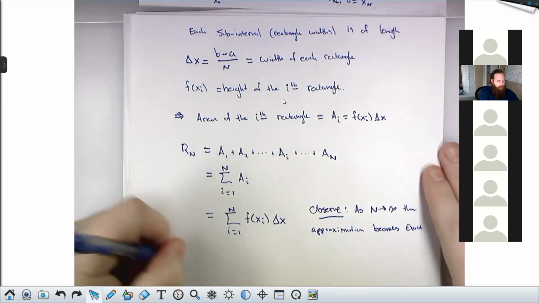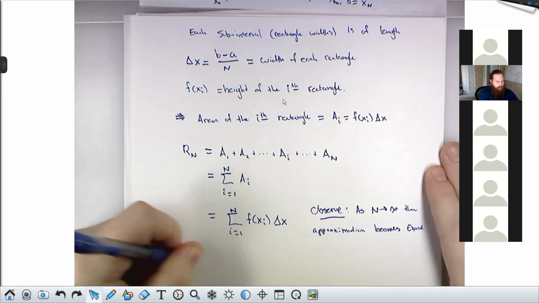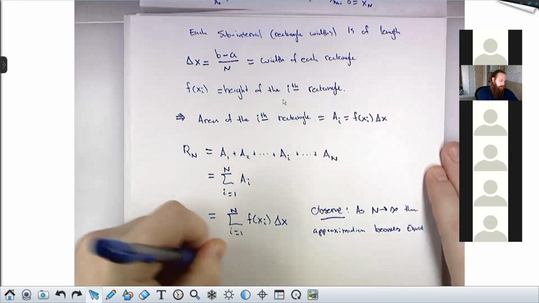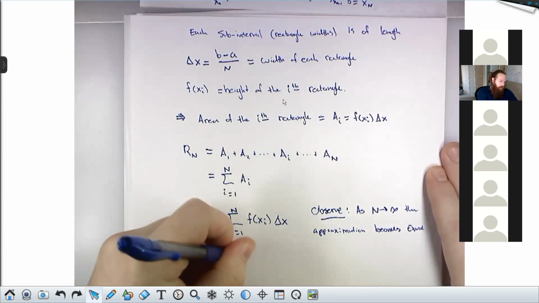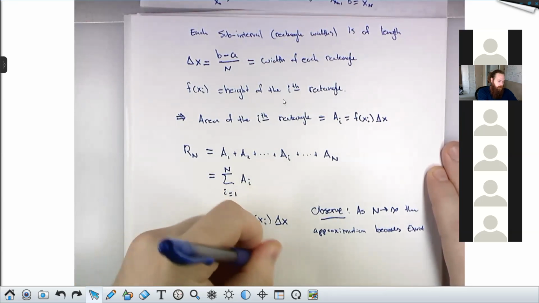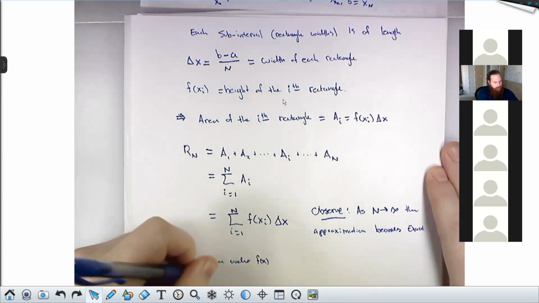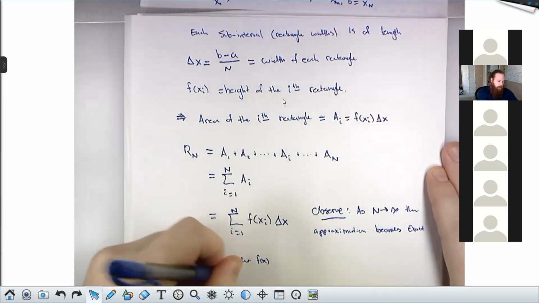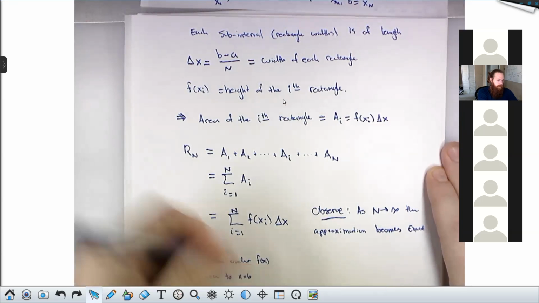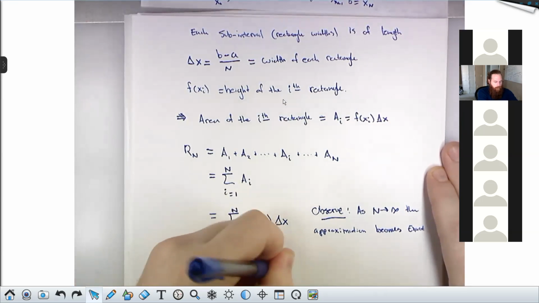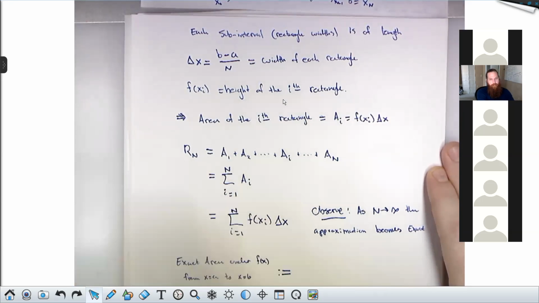So the exact area under f of x from x equals a to x equals b, and this is a definition.